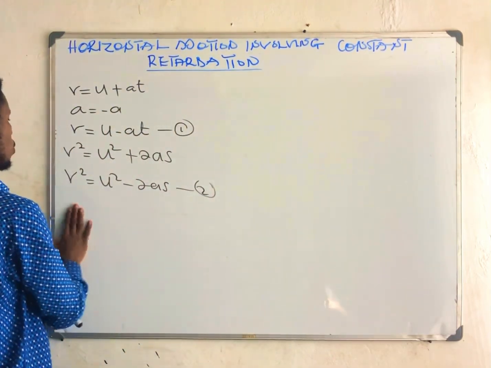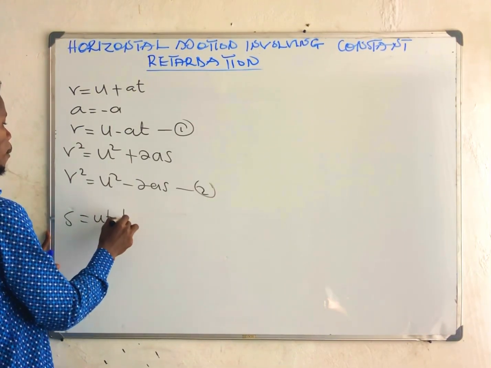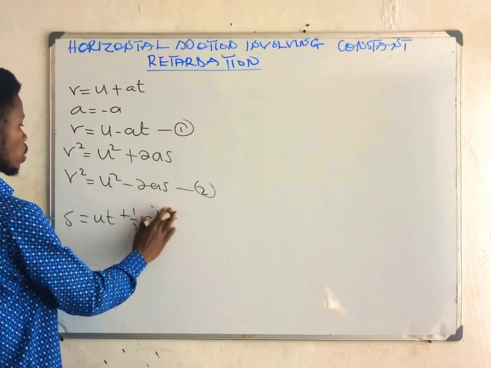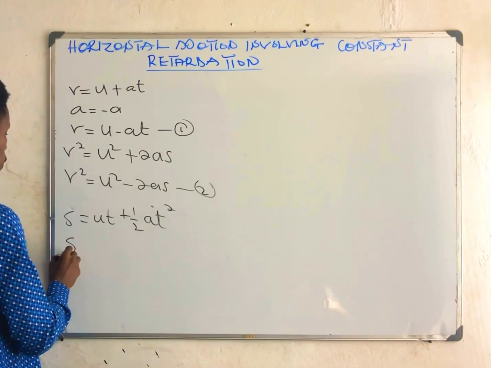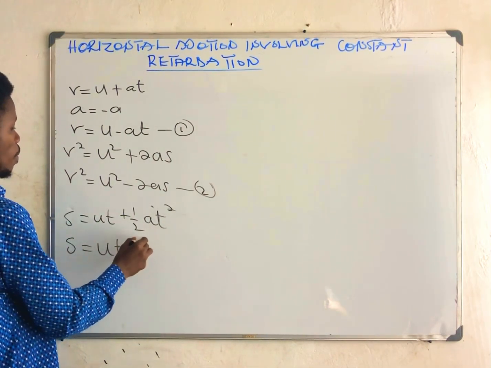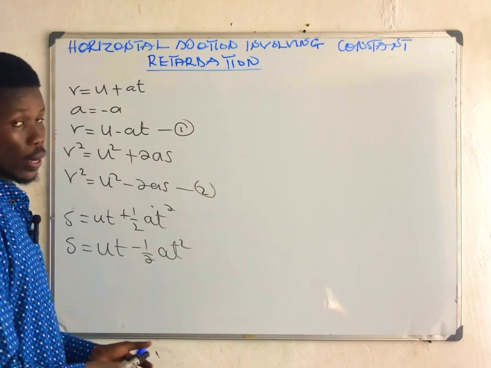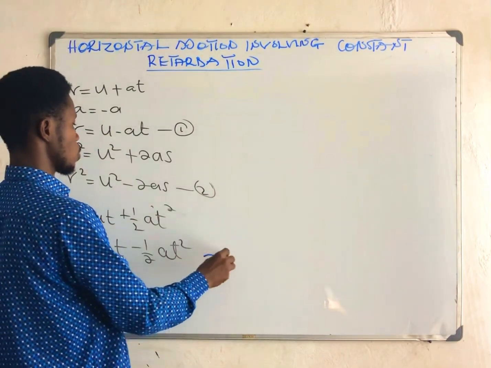Let's leave it and go to s equals ut plus half at squared. Now if I replace the acceleration by the negative, I have s equals ut minus half at squared. So this is equation 3.